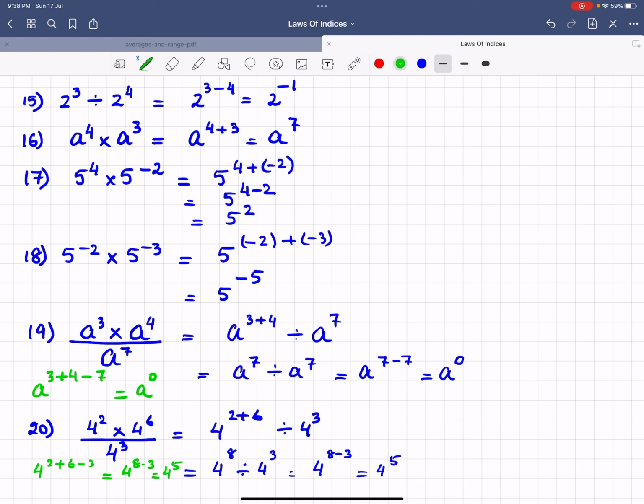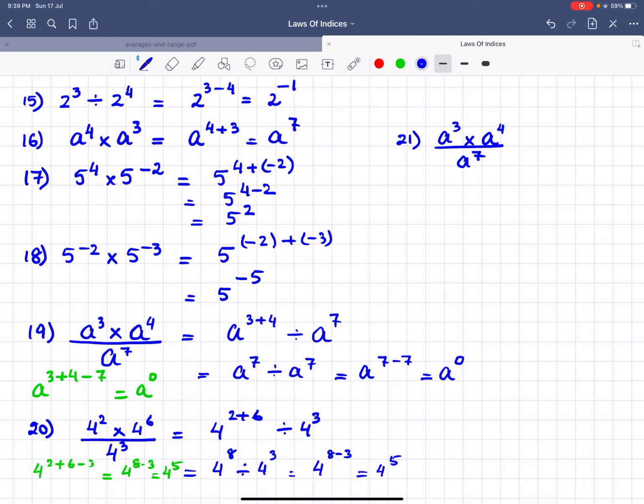So we have just one last question of this category, which is writing as a single index. Question number 21. It is a to the power of 3 multiplied by a to the power of 4 divided by a to the power of 7.